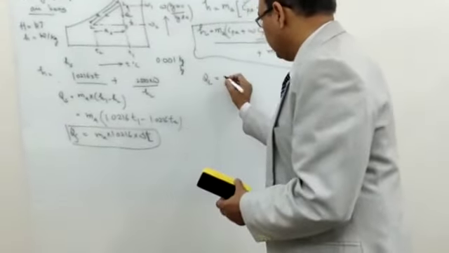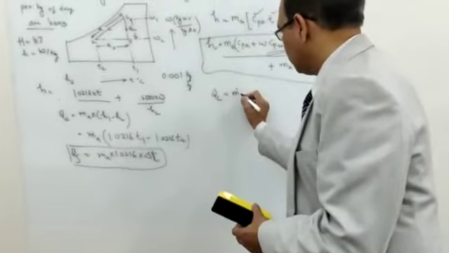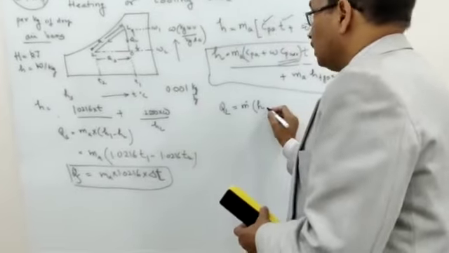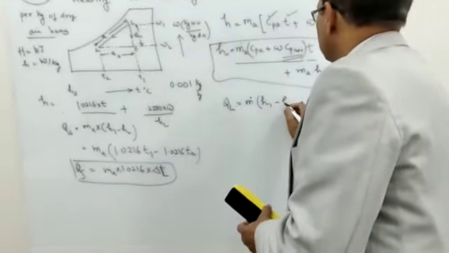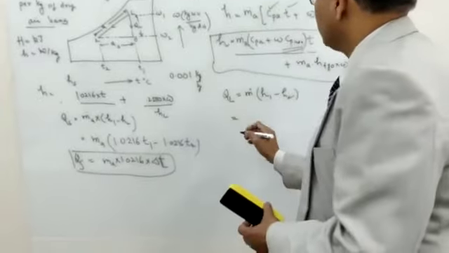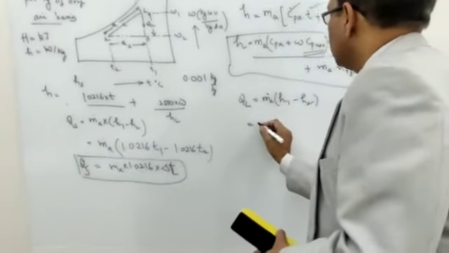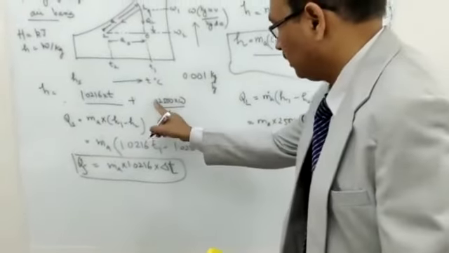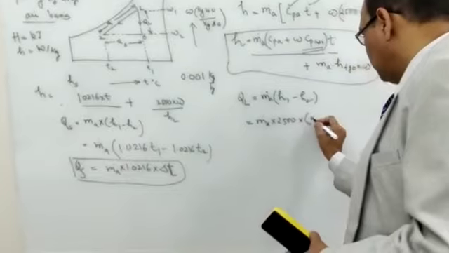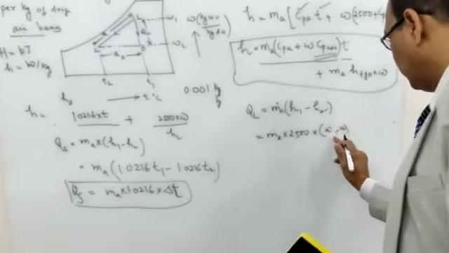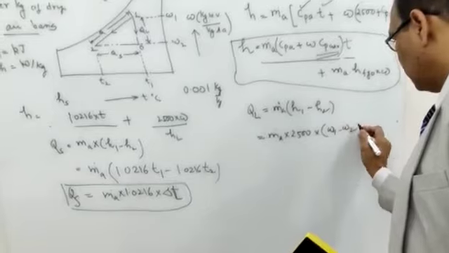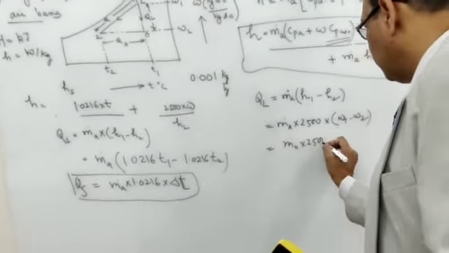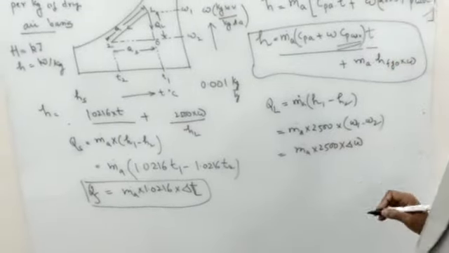QL is again mass flow rate of dry air into enthalpy at 1 minus 2, and this is equal to 2500 into omega 1 minus omega 2. So mass flow rate into 2500 into delta omega.